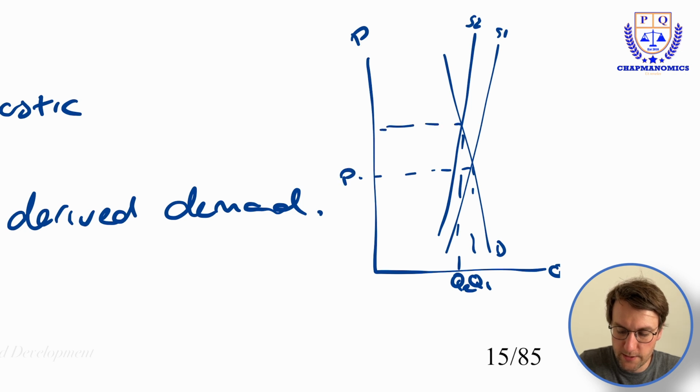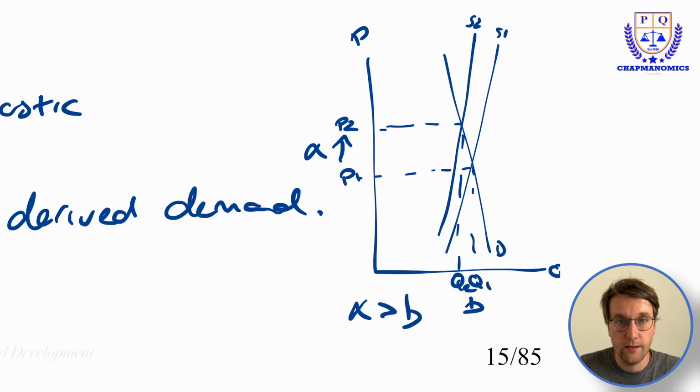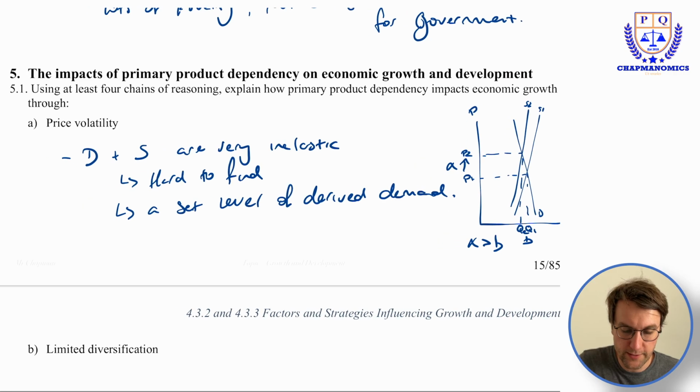It is enormous, P1 to P2. This jump here, let's call this alpha, and the gap between these two, let's call this beta. Alpha is much greater than beta. So there's only a very small change in the quantity, but a huge change in the price. And that makes the price of our primary products very, very volatile.